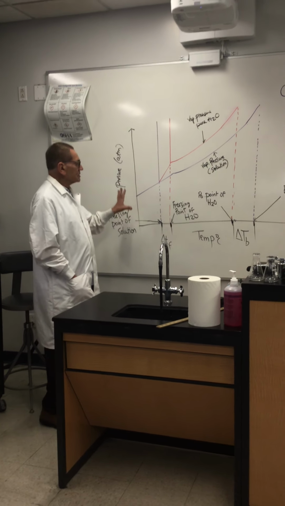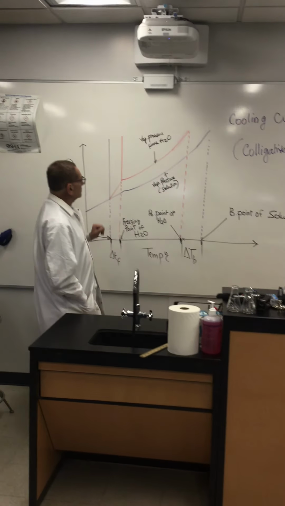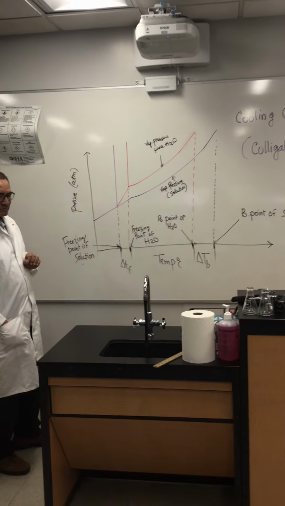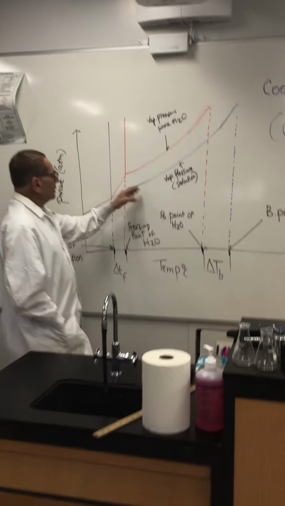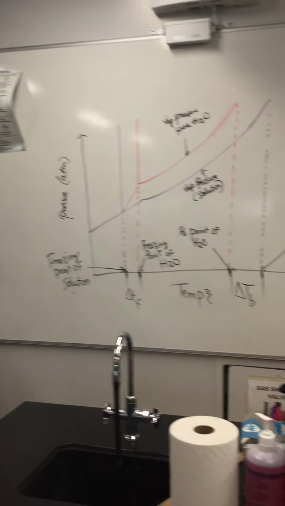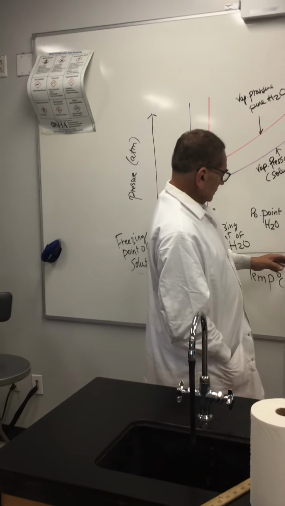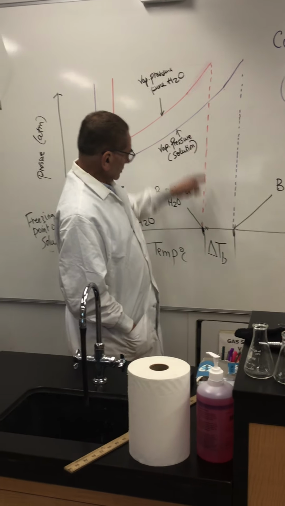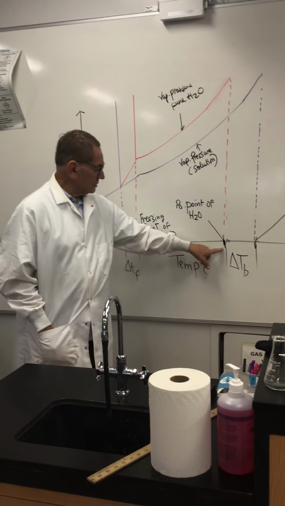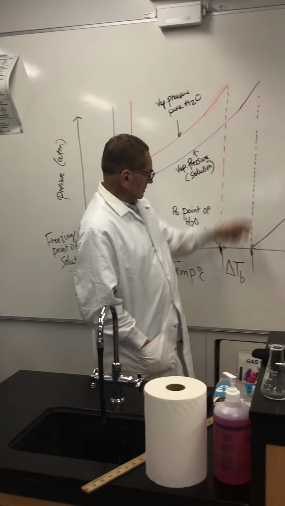It's very simple. This is the theory about it. The red line is pure water, and the blue is after adding salt to it, water with salt. Here is the pure boiling point of the water, and when you add the solute, it's going to increase to this much.